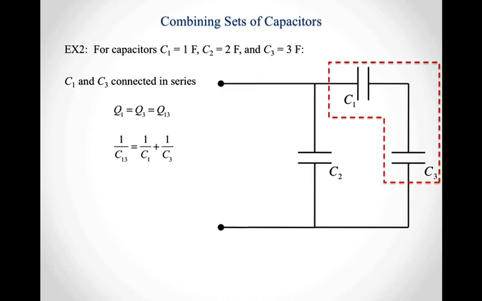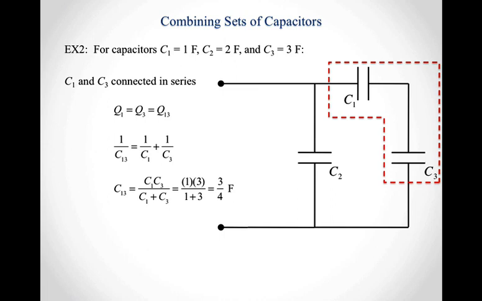Again, I can calculate the capacitance of that equivalent capacitor when I combine them using my equation 1 over C13 equals 1 over C1 plus 1 over C3. I'm going to rearrange that, use the version that minimizes my algebra mistakes, and so I get that the combined capacitor C13 is C1 times C3 over C1 plus C3.